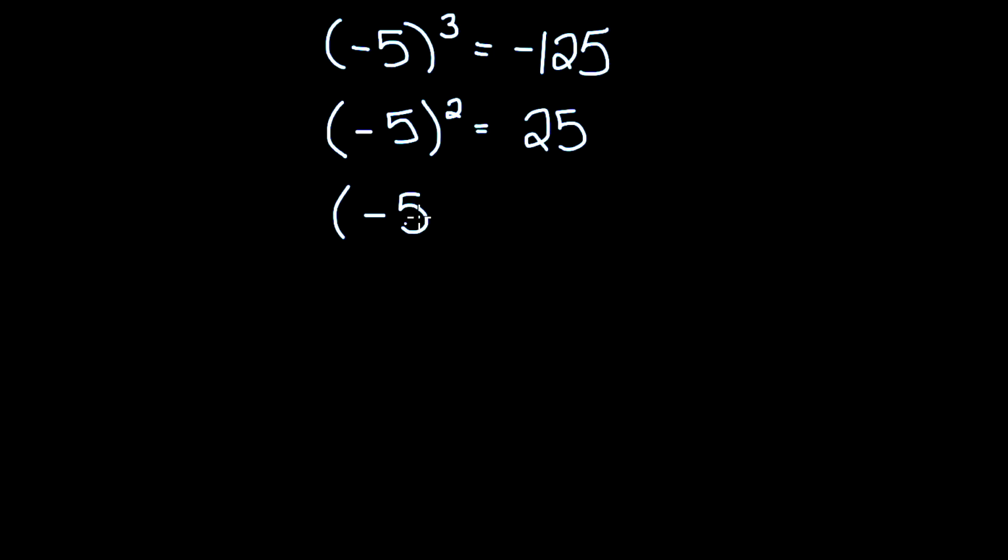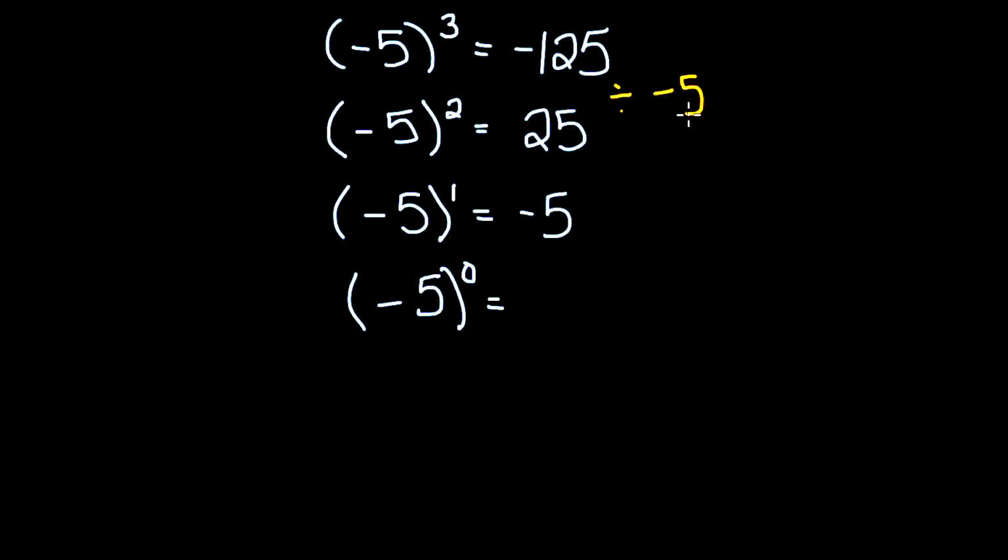Negative 5 to the first. Well, that just means negative 5. Here it is. Negative 5 to the 0 power. Okay, well, let's look again at our pattern. It's different this time. To go from negative 125 to 25, we actually had to divide by negative 5.